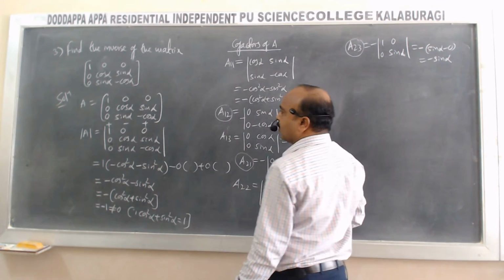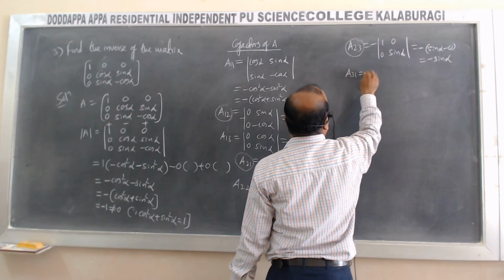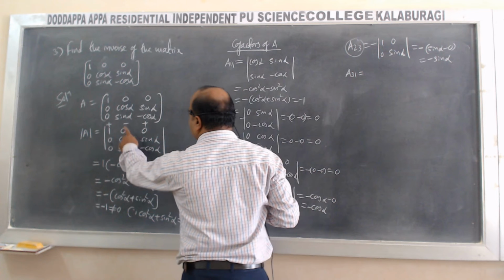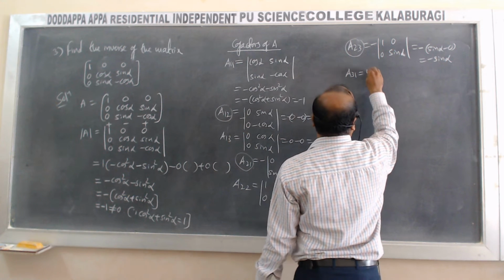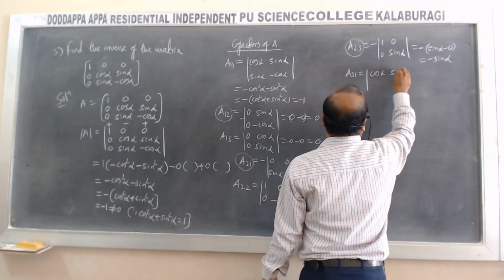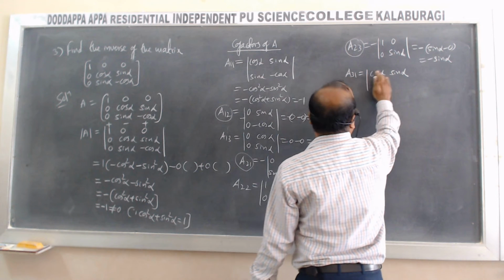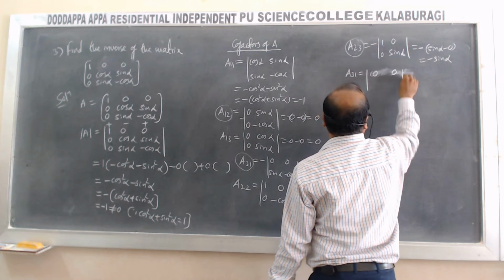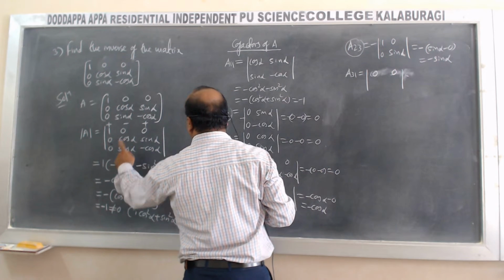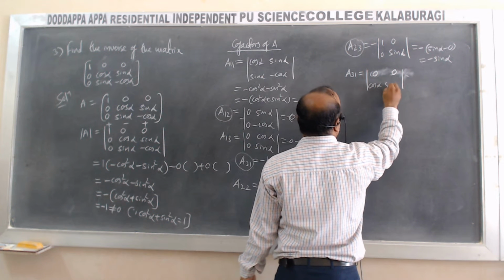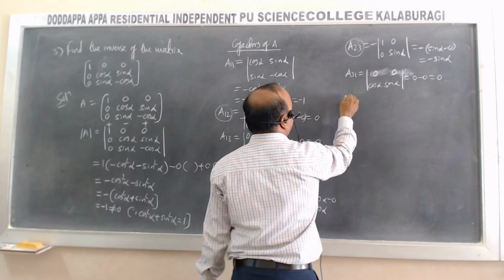Next we go for the next cofactor, that is A31. It is the cofactor of 0. Deleting this row and this column, we get 0 0 in the first row and cos alpha sin alpha in the second row. So it is equal to 0 minus 0, we get 0.